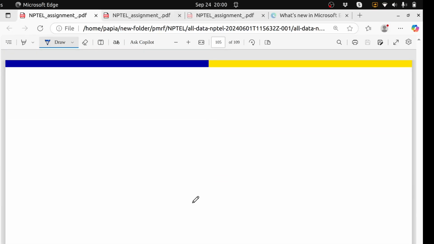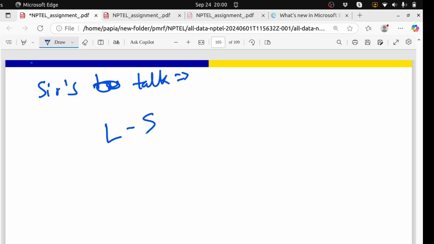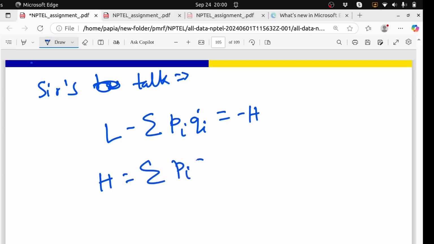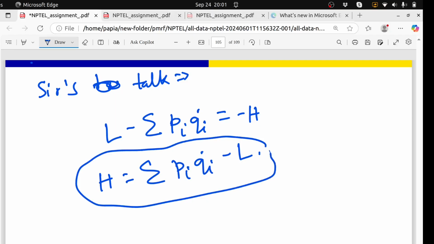In the lecture, we have seen that L minus summation p_i q_i dot was minus H. So H can be summation p_i q_i dot minus L. That will be the expression for H.